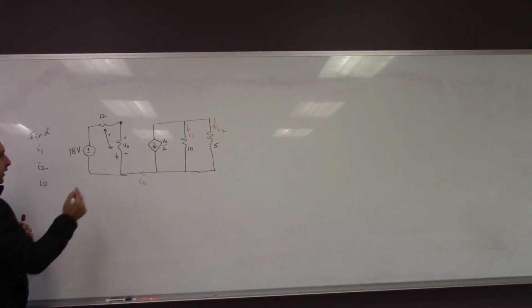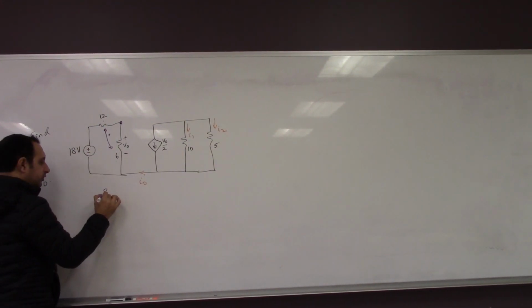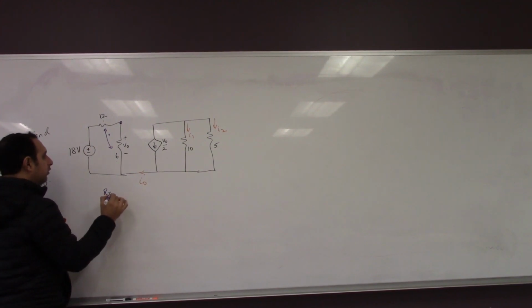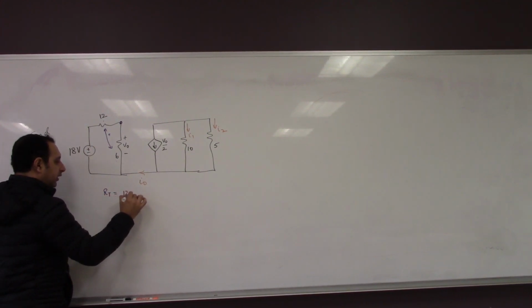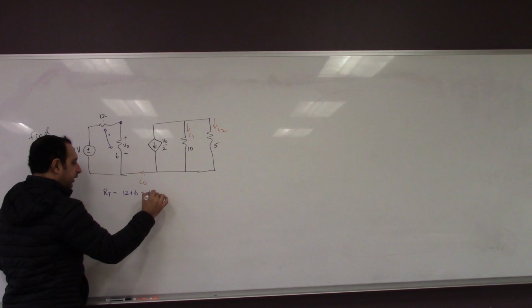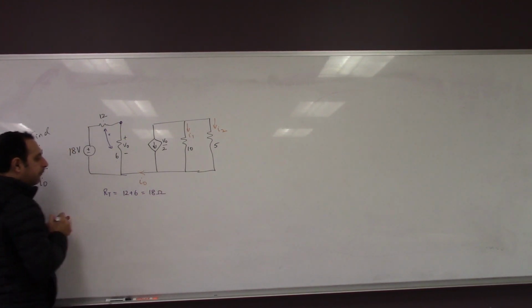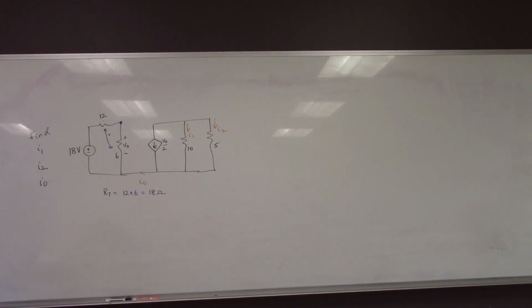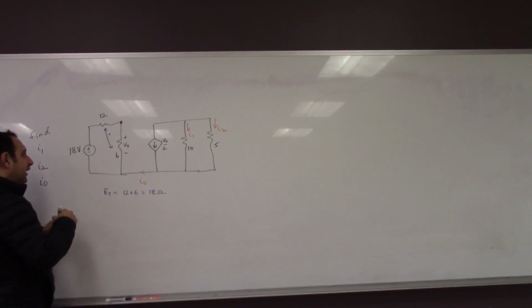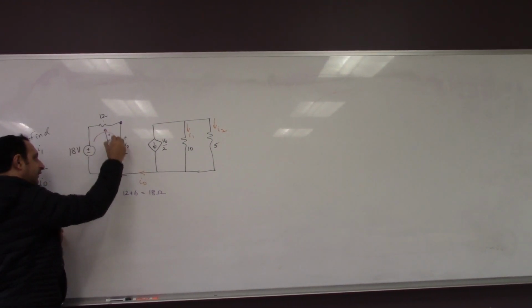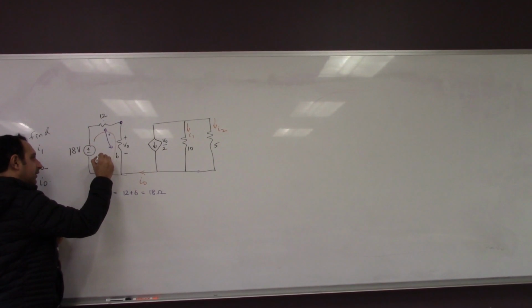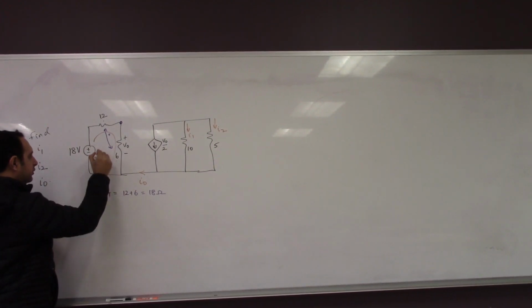In this branch, R total, the total resistance here, will be equal to 12 plus 6, which is 18 ohms. Now, if I assume a current flowing through this like this, let's just call it I.